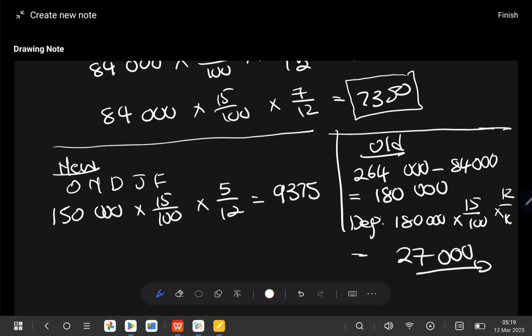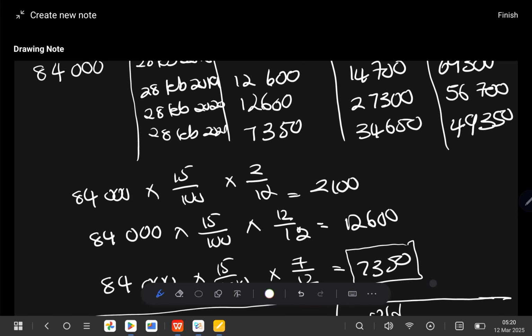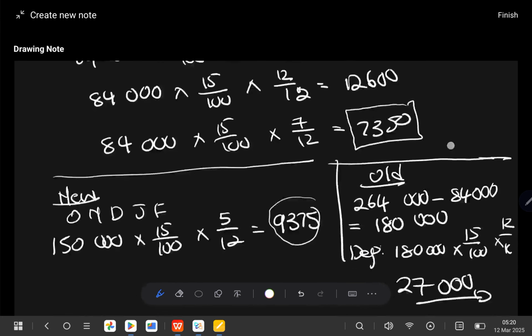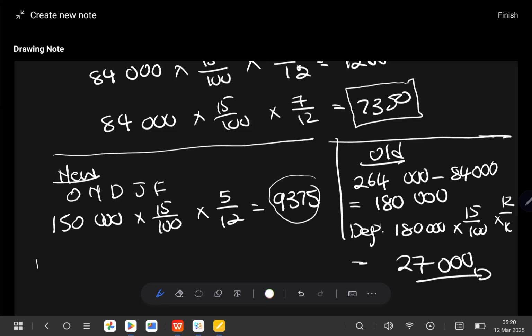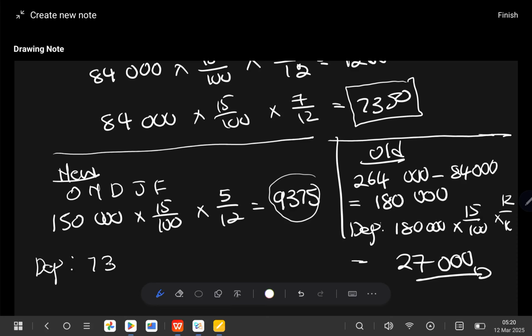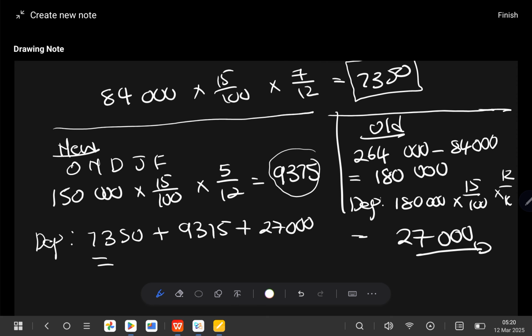So now our total depreciation for the year is these three items, guys, for our assets. Remember, we only have vehicles, so this is what we are going to include. So our depreciation is going to be 7,350 plus 9,375, and then plus 27,000, and then our total depreciation for the year will be as follows.